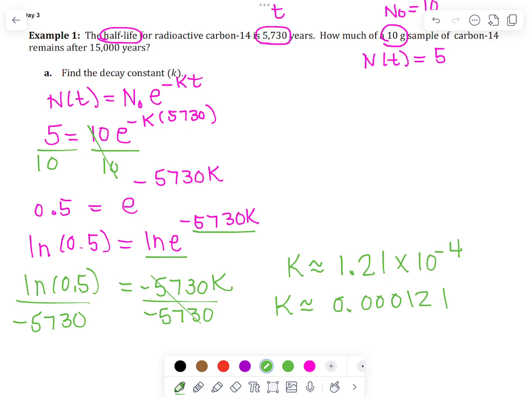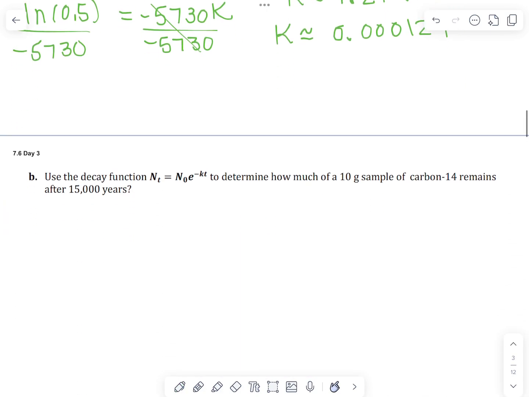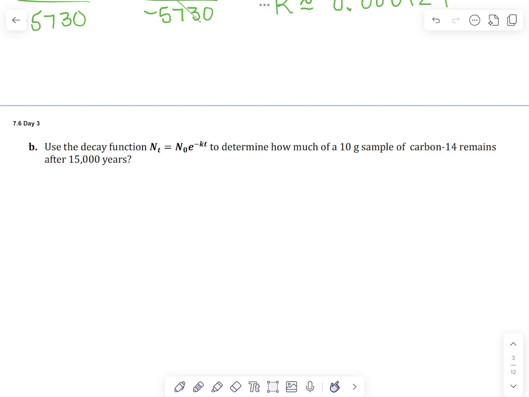So that is our percentage as a decimal per 1 year for decreasing. Now it says, use the decay function to determine how much of the 10 grams of sample will be left after 15,000 years. So we're going to write that function.